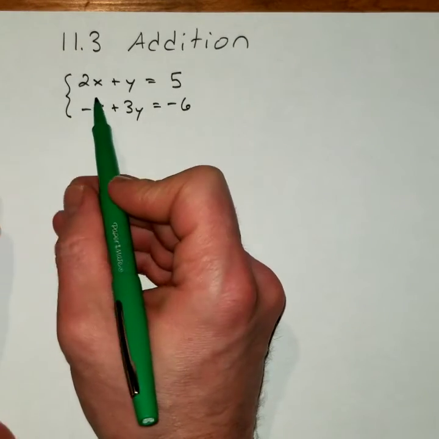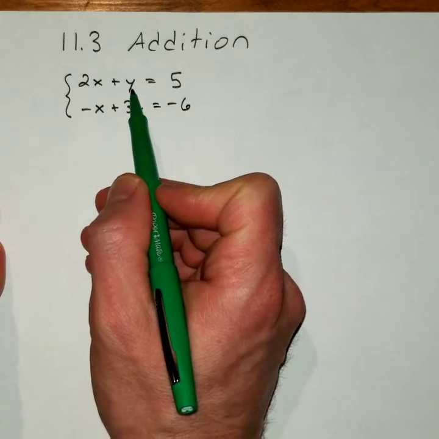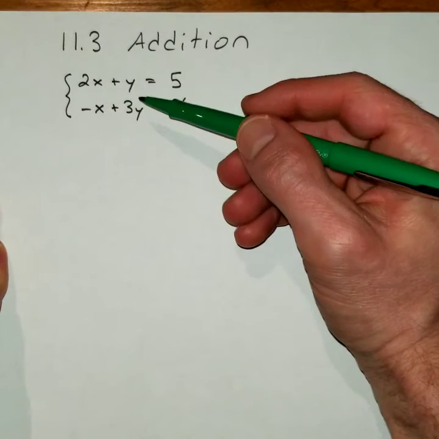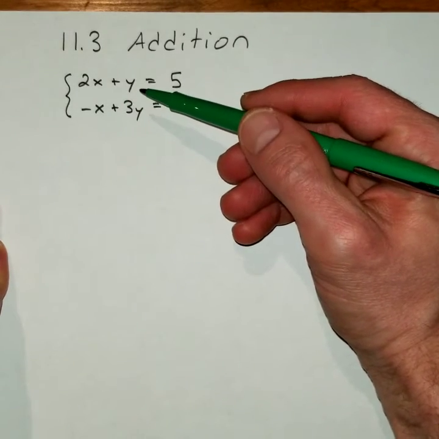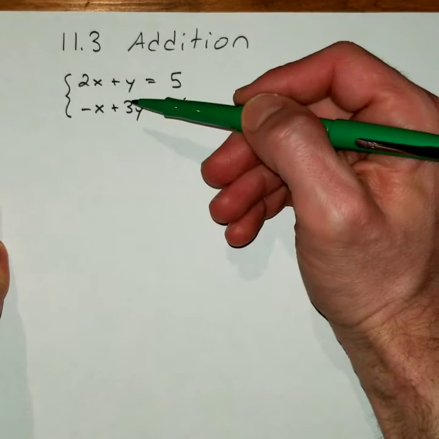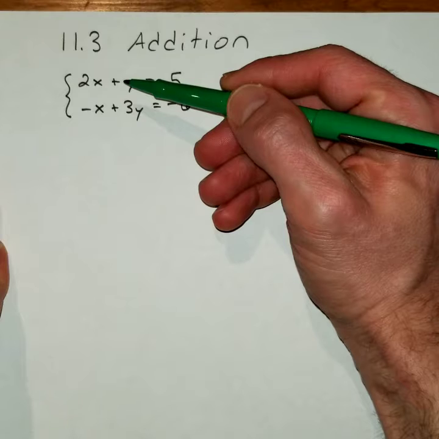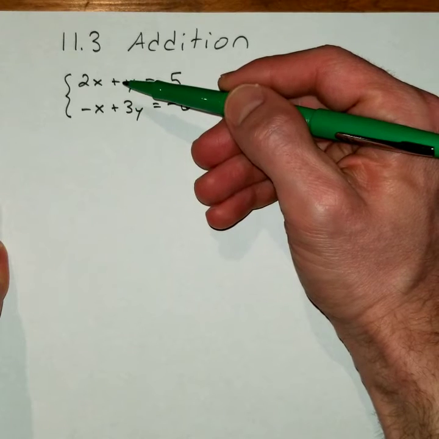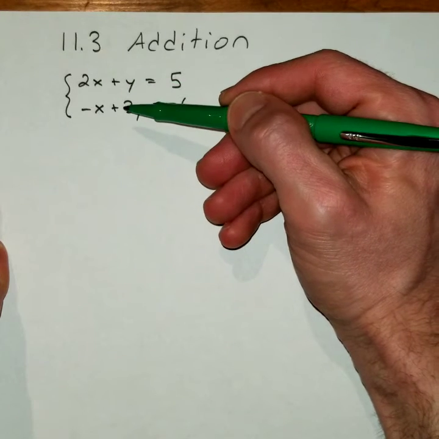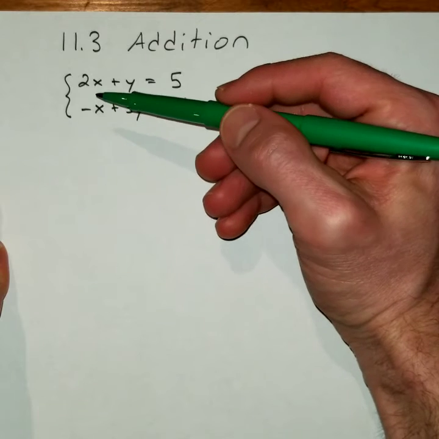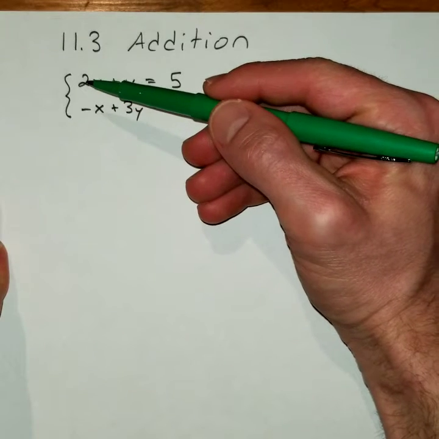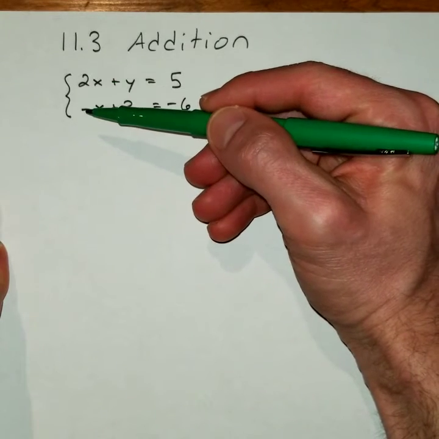Basically the strategy here is I want to get the coefficients to be opposites of each other so that when I add them together they'll drop out. I could get both of the y's to have opposites, like a -3 and a +3. Or I could get both the x's to be opposites, like a +2 and a -2.